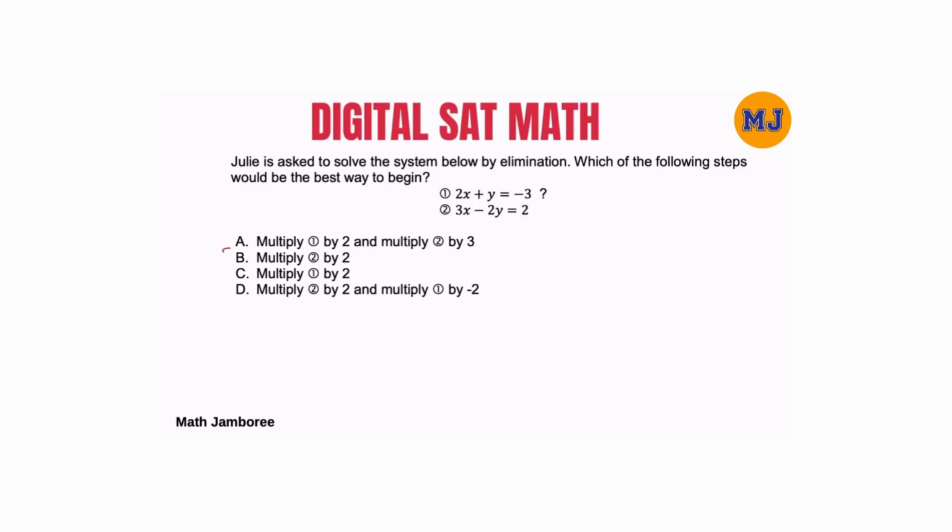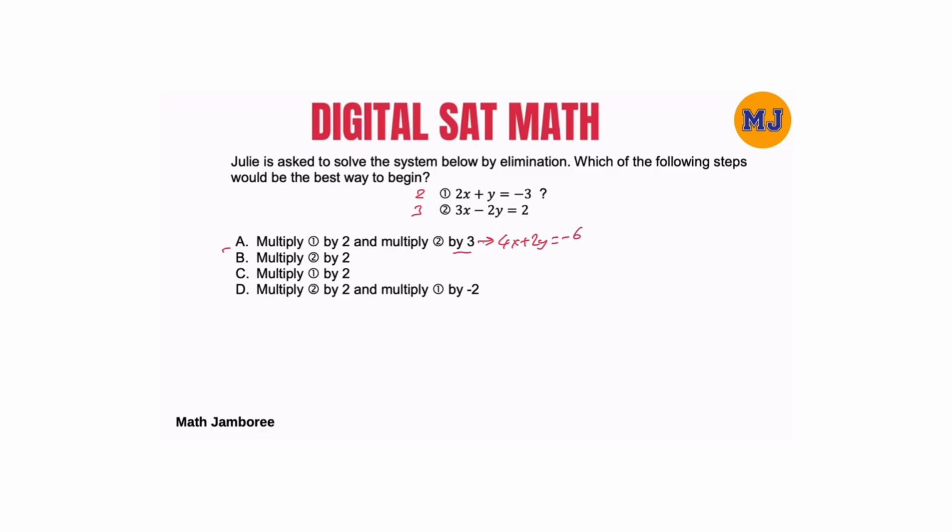In choice A, they're saying to multiply the first one by 2 and the second one by 3. If you do that, for the first one you would get 4x and 2y equals negative 6.